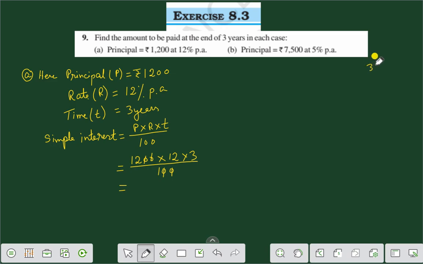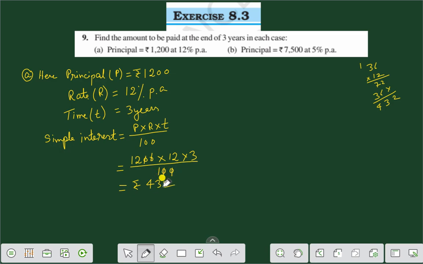Multiply 36 with 12. 2 sixes are 12, carry 1, 2 threes are 6 plus 1 is 7, and 6 ones are 6, 3 ones are 3. Adding, 2, 7 plus 6 is 13, carry 1, 3 plus 1 is 4, so 432. That is simple interest, 432 rupees.